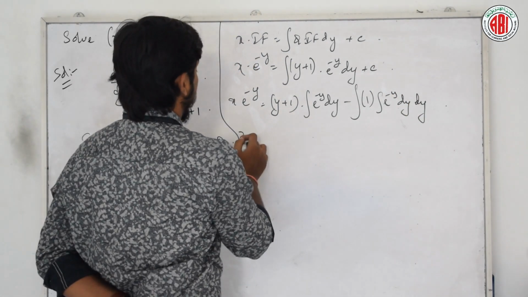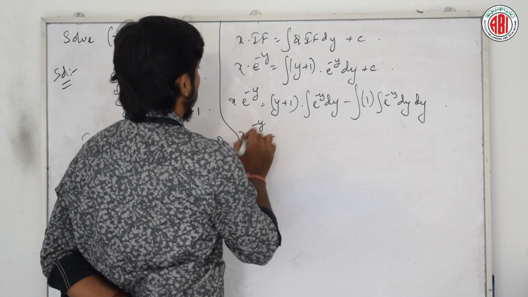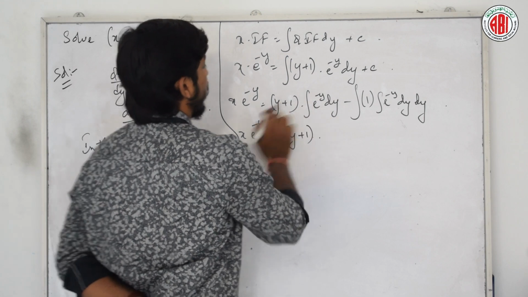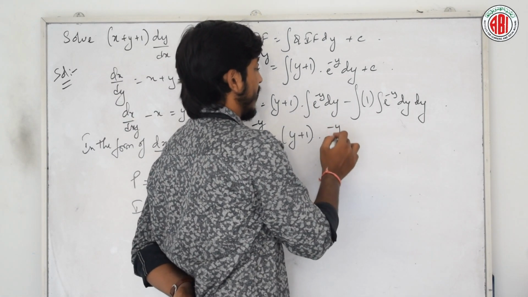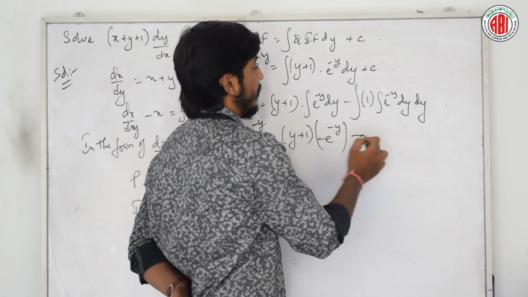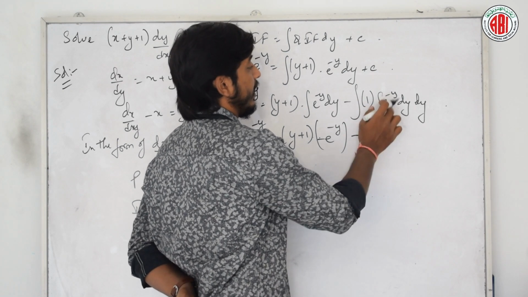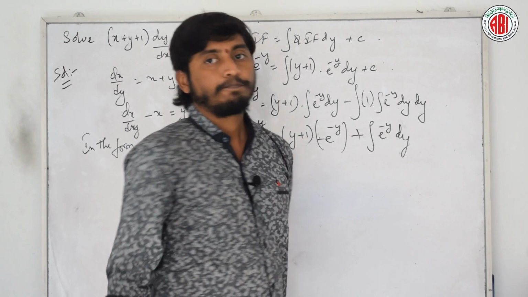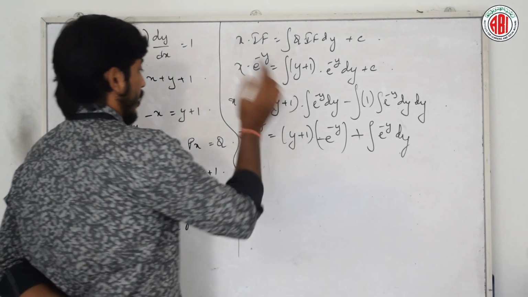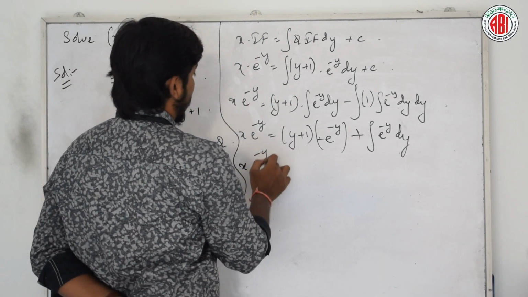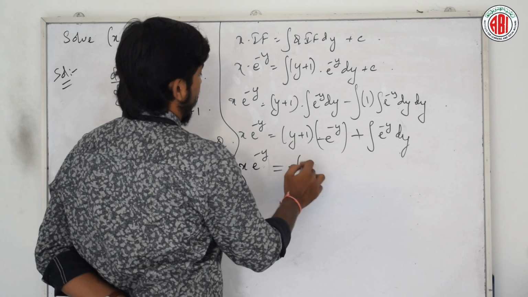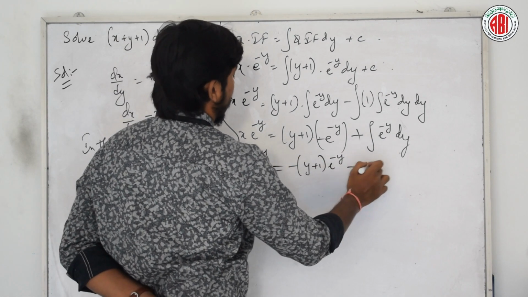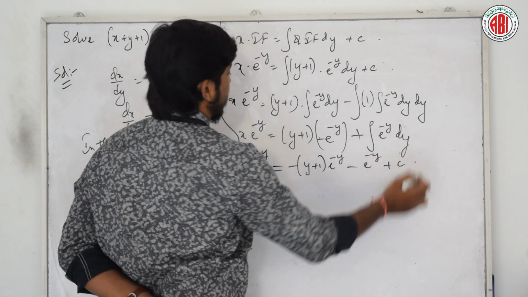So, let me write it as x e power minus y is equal to y plus 1 into the integration of e power minus y, which is minus e power minus y, minus, again here the integral of e power minus y is minus e power minus y. So x e power minus y is equal to minus y plus 1 into e power minus y, here also again e power minus y, plus c.